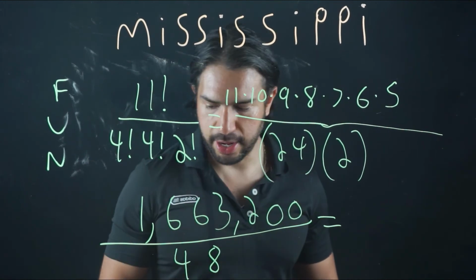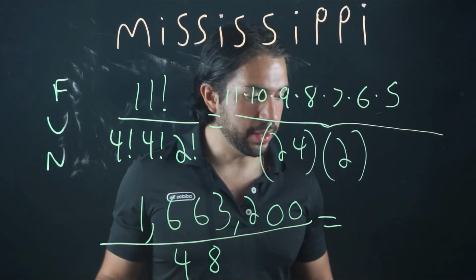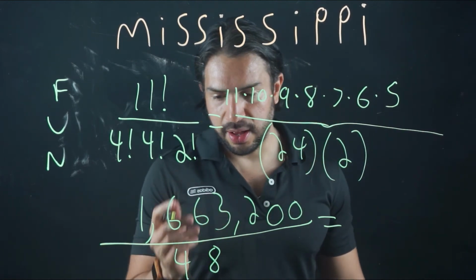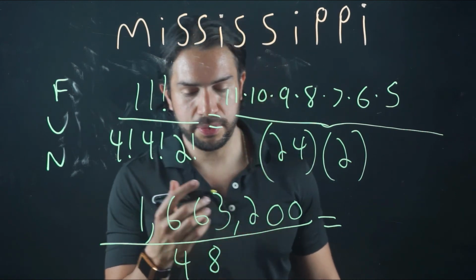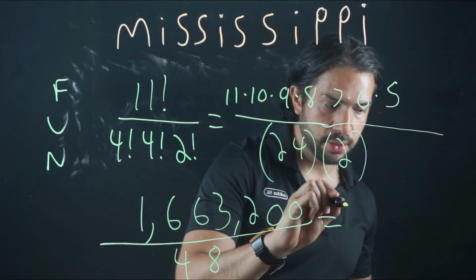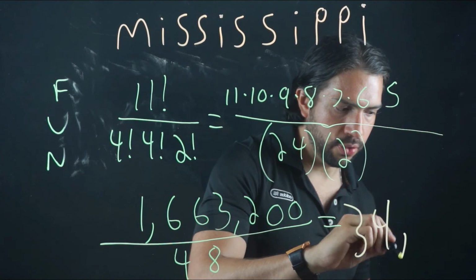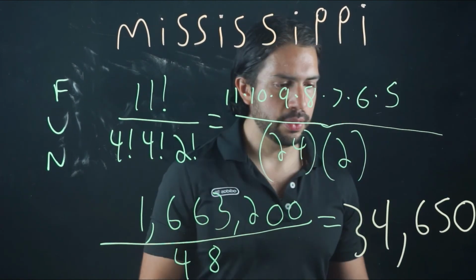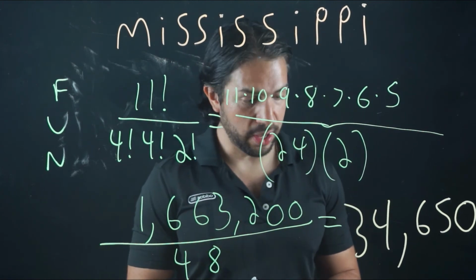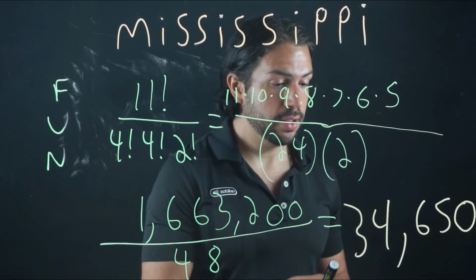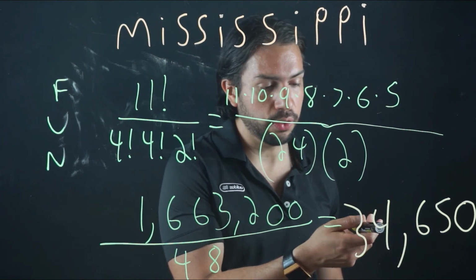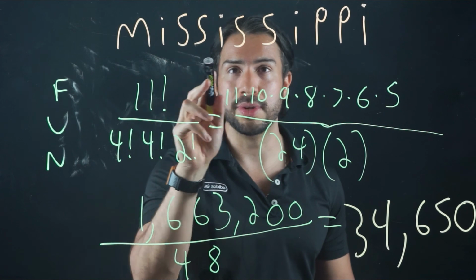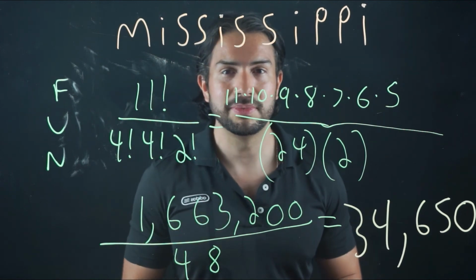You would simplify that because that's what we do, and you get the answer. 1,663,200 divided by 48 is 34,650. There you go. So that's our answer. We have exactly 34,650 ways that we can arrange the letters in the word Mississippi. That's it. Thank you.